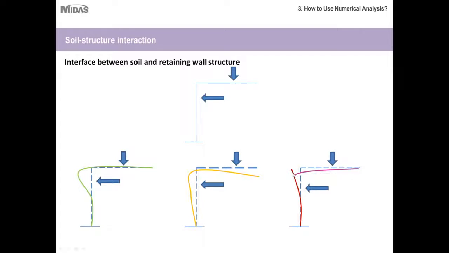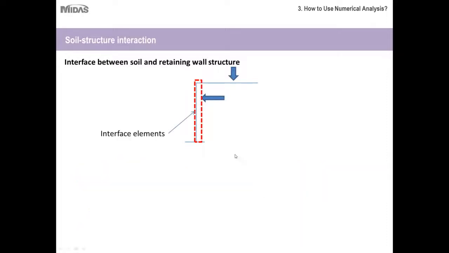Rather, based on the cohesion, it would slip down, and this is what you would actually see. So we need to have something to simulate this kind of behavior in numerical analysis. Otherwise, we'll be ending up with incorrect models like A and B. So let's see what we can do to have this soil structure interaction going.